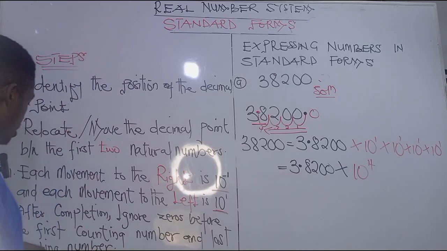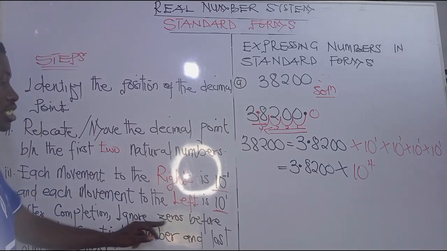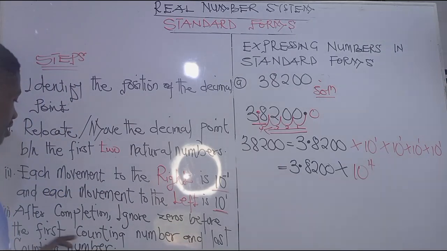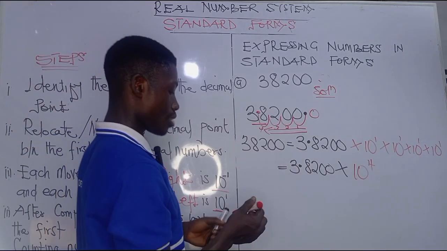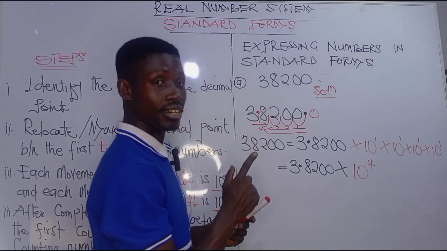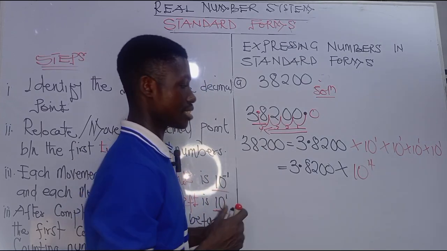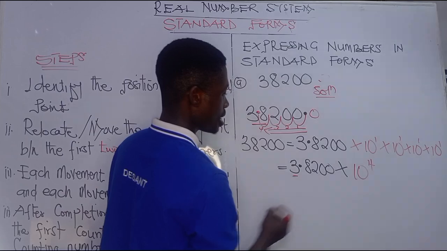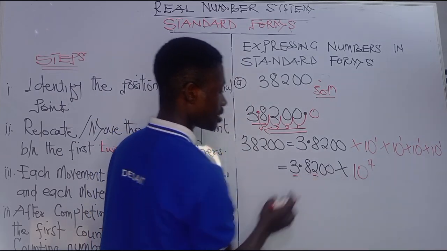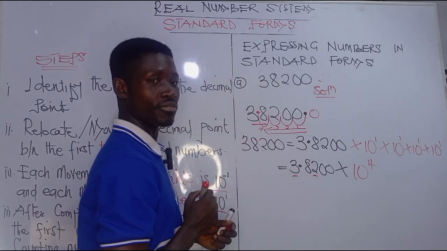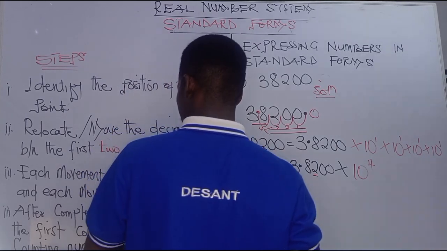The last step says that after completion, ignore zeros before the first counting number and after the last counting number. So we are going to identify the first counting number and the last counting number. This is the first counting number, this is the last counting number. So we ignore those behind the last counting number and before the first counting number.